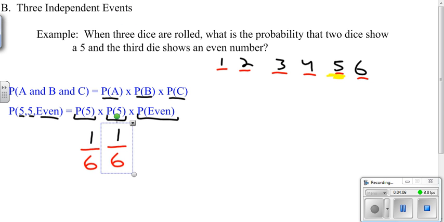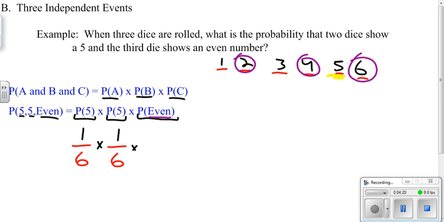We have the probability of rolling a 5 and the probability of rolling another 5, so we multiply those. Multiplied by the probability of rolling an even number. Well, 2, 4, and 6 are even, so we have 3 out of a total of 6. We could say 3/6, or if we reduce that down, we have 1/2.